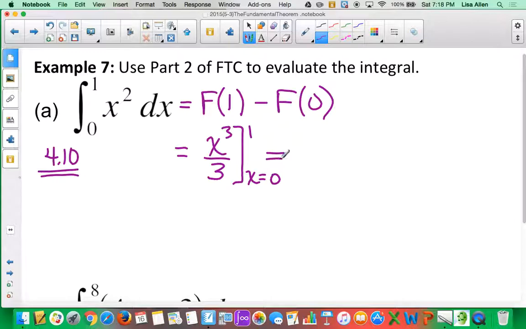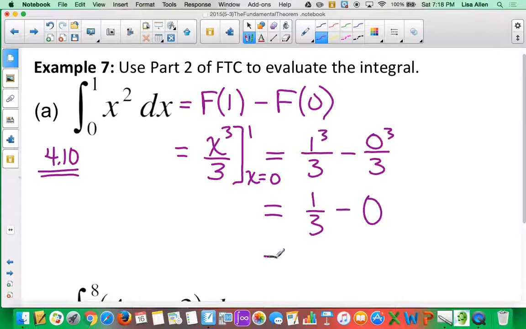Then we evaluate the antiderivative at 1, 1 cubed over 3, minus the antiderivative evaluated at 0. So for an answer, we get 1/3 minus 0, which we recall from using the calculators: the integral of x squared dx from 0 to 1 is equal to 1/3.